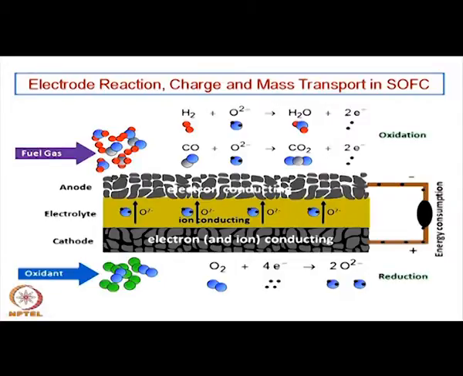So, non-stoichiometry will set in, because many of the oxides in the presence of hydrogen can reduce to the corresponding metal. So, one has to choose a particular electrolyte which should not be reduced even in the presence of hydrogen. A reducing gas like hydrogen should not reduce it to the corresponding metal, and that is also at a higher temperature.